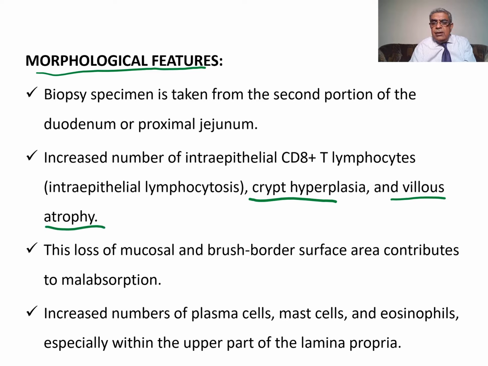So villus atrophy with crypt hyperplasia results in unaltered mucosal thickening. Once there is villus atrophy, one feels that there is going to be thinning of the mucosa, but due to crypt hyperplasia, the mucosal thickening remains unaltered.